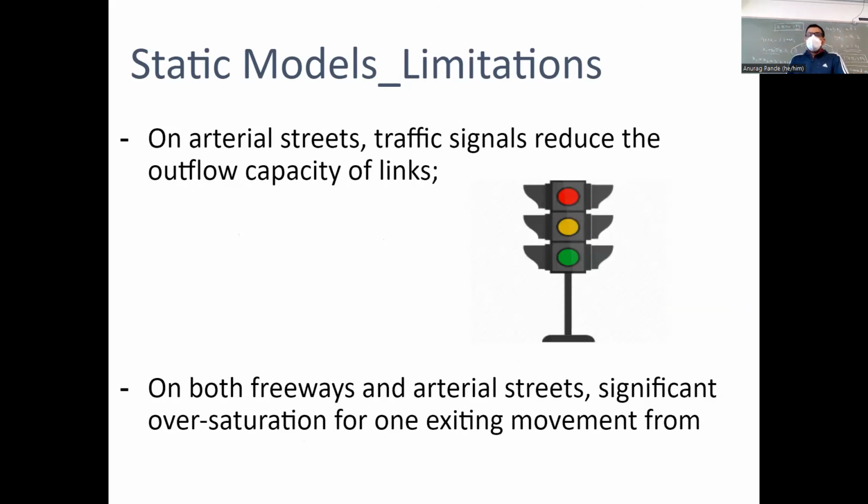On arterial streets, traffic signals reduce the outflow capacity of links, and if a link is at a time when the signal is red... So what I'm trying to give you is that in situations with a shorter time horizon, your equilibrium assumptions do not hold up very well.